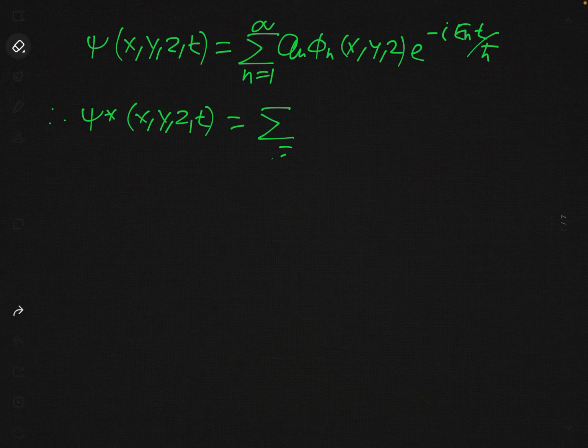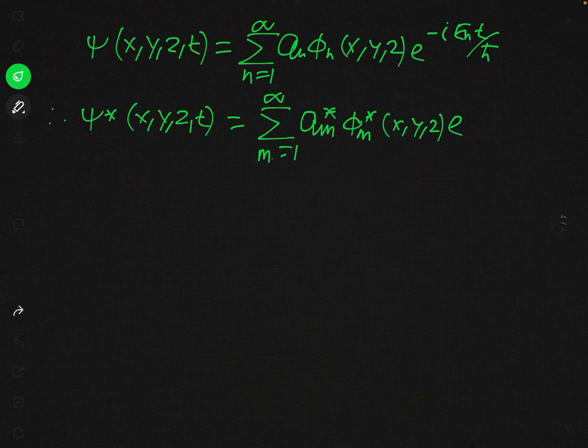Let us use the subscript m, from m equal to 1 to infinity, a_m star phi_m star of x, y, z times the complex conjugate of e raised to the power minus i E_n t over h bar, which will now be plus, so this will be e raised to the power i E_m t over h bar.